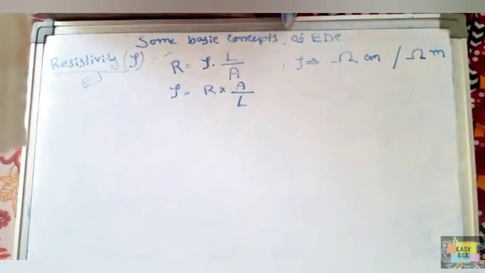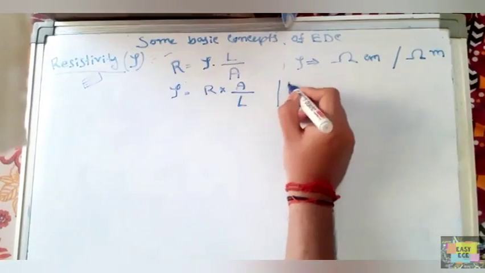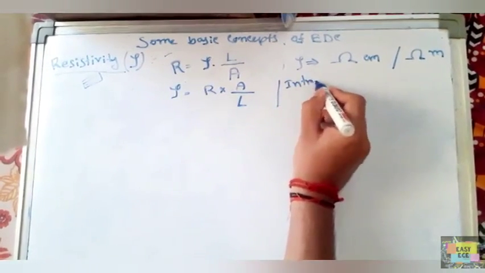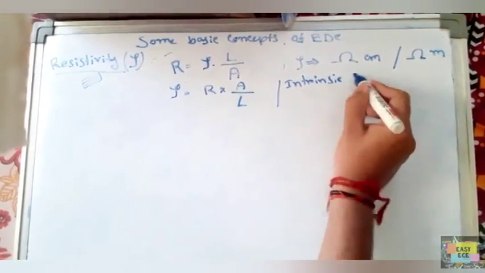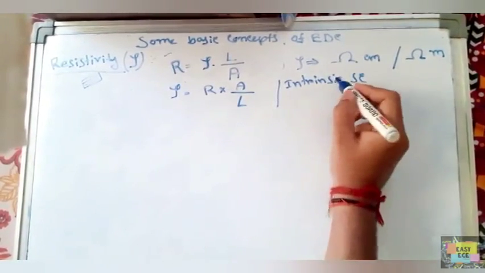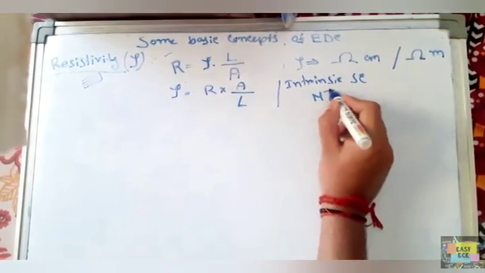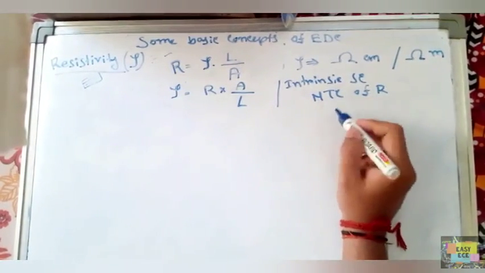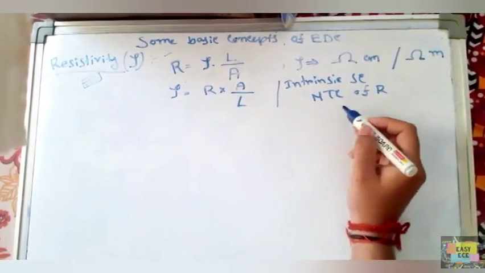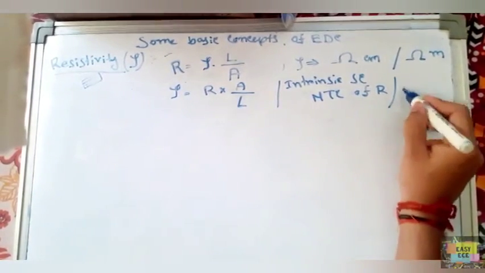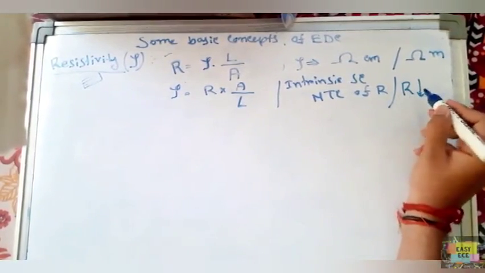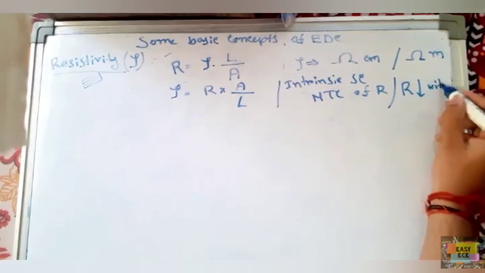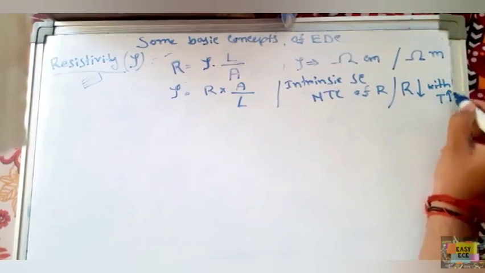Now, for intrinsic semiconductor, you need to remember this point. For intrinsic semiconductor, that is pure semiconductor, R is NTC. As we previously discussed, what is NTC? Negative temperature coefficient. That means R decreases as T increases.